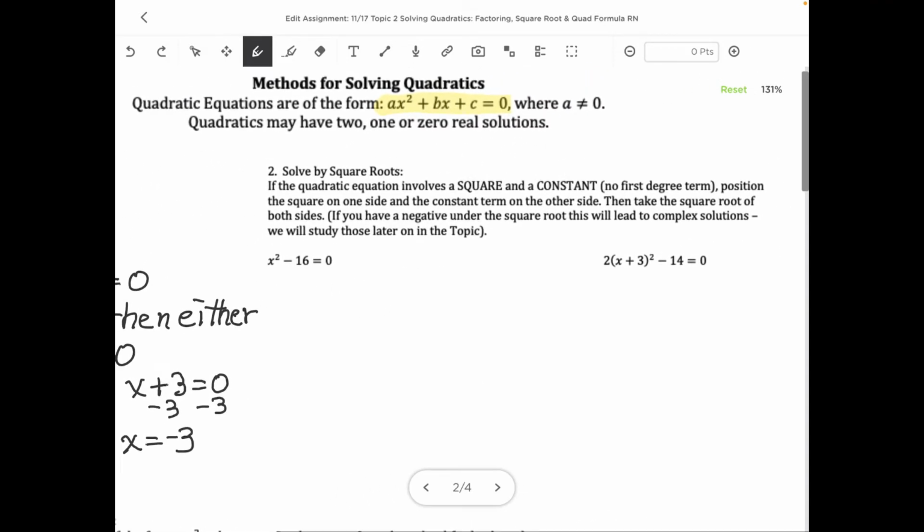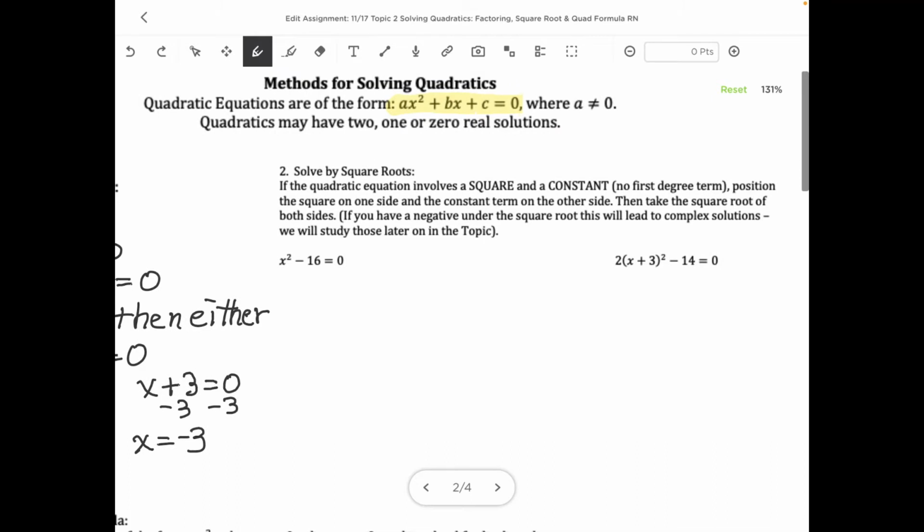All right, let's solve quadratics by square rooting. If the quadratic equation involves a square, meaning x squared, and a constant, meaning we do not have the bx term. So when we say if it involves a square, that means it has ax squared and it has c, right?